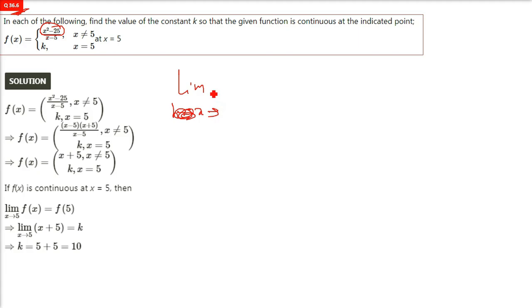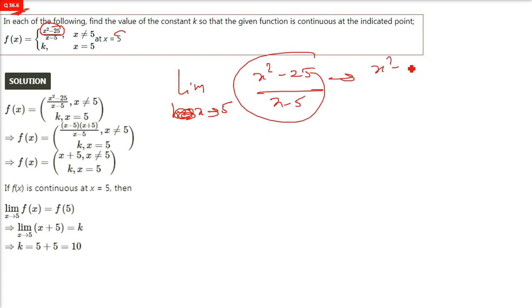So limit x tends to 5, directly apply the limit here. You have x square minus 25 divided by x minus 5. So you have x minus 5 into x plus 5, because 25 can be written as 5 square. X square minus 5 square is x minus 5 into x plus 5, divided by x minus 5.